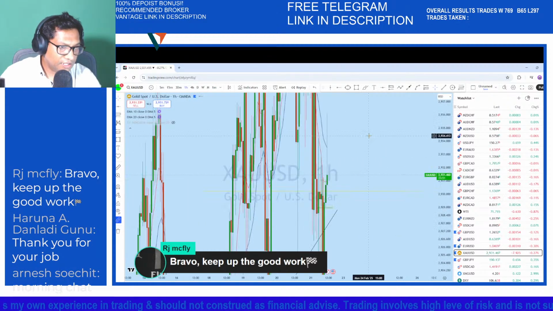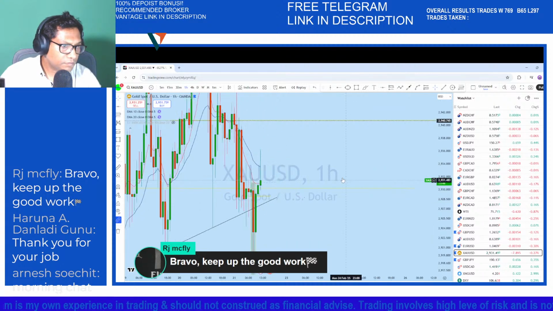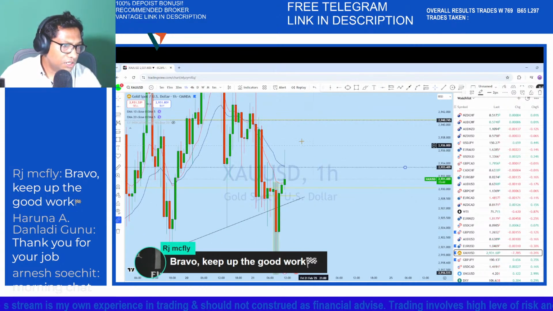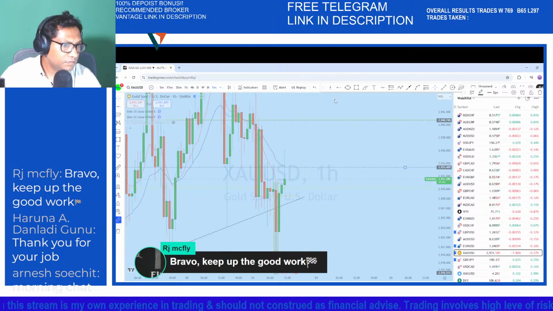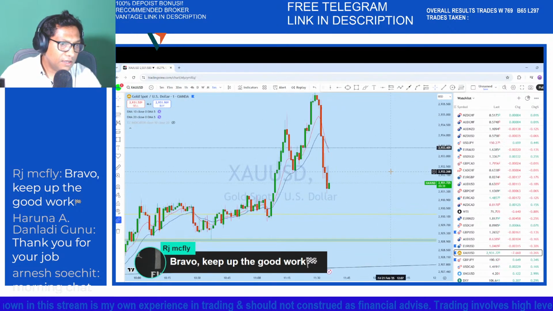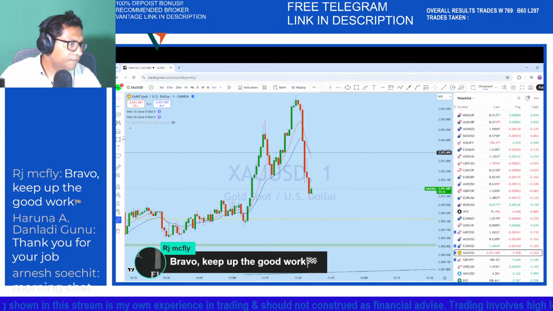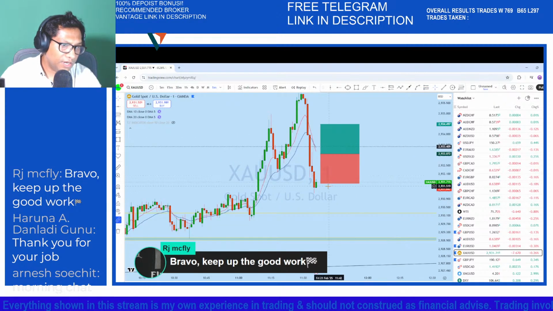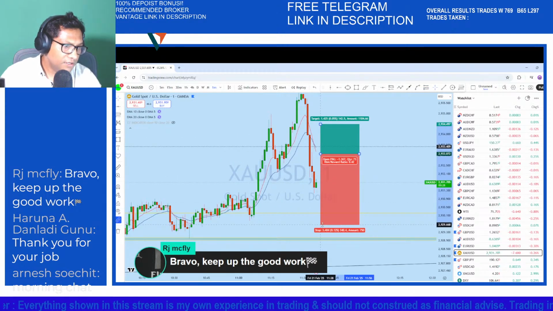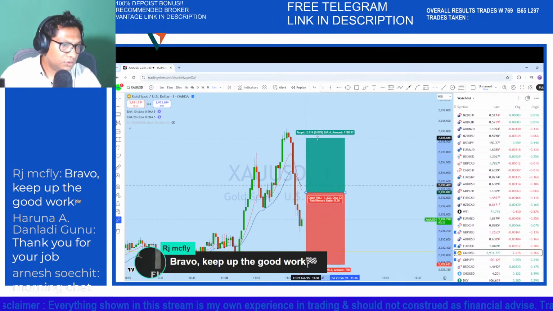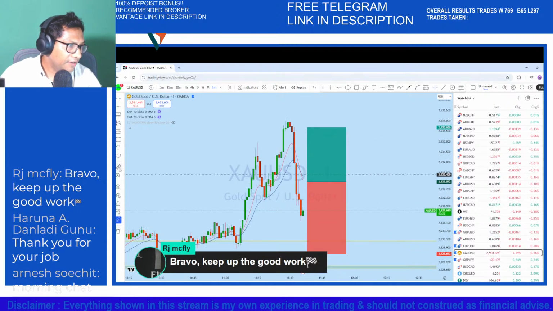So we might find an entry. There is the 1-hour 20 EMA in that area. Here we'll be placing a pending order in this area, not a market order. A pending order means a buy stop that we are placing. I'll explain the strategy behind it later, and we would like to see the market going back up again.